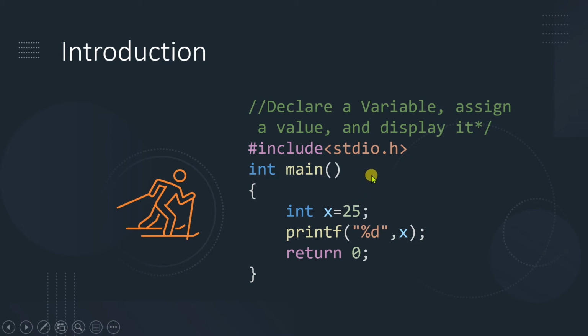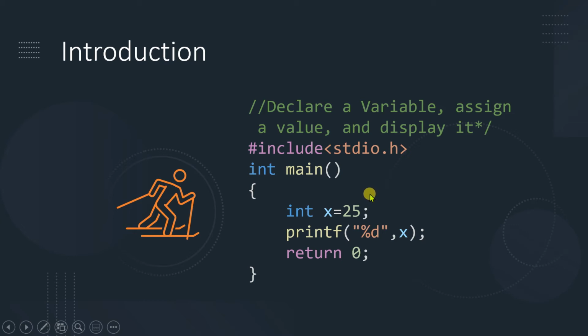Now if you look into this program, here the number 25 is fixed. That means every time I execute this program, that location which is allocated by the compiler for x will contain the value 25 only.